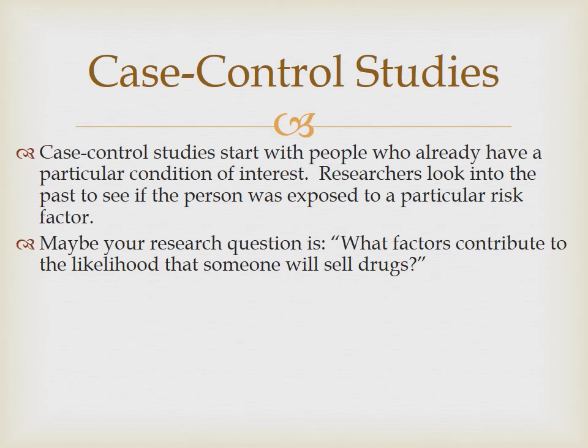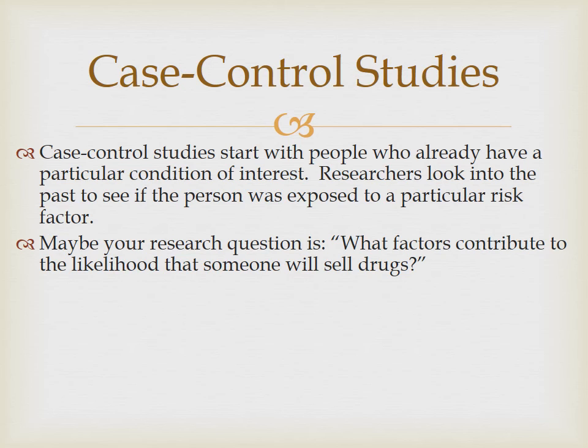Sometimes you can get great examples of this if you walk through a hospital and look at bulletin boards, and they might say things like, seeking 50 males 18 to 64 years old who have bipolar disorder. And so they might be doing a case control study. They're looking for a group of people who already have a particular condition, and then they want to learn about you.